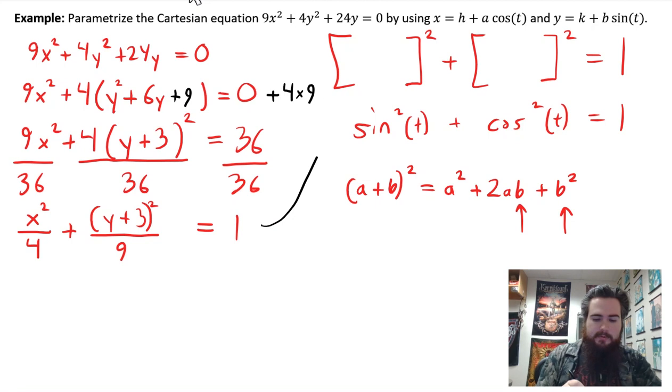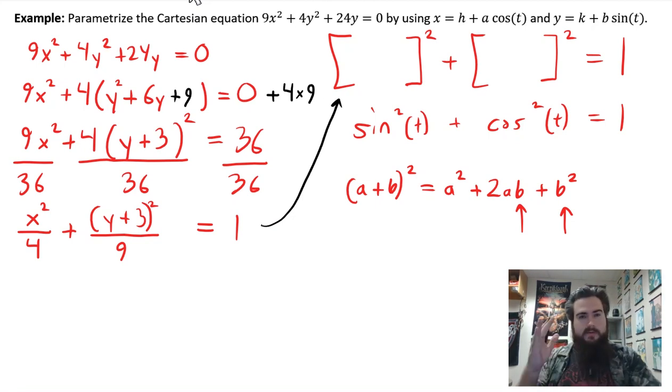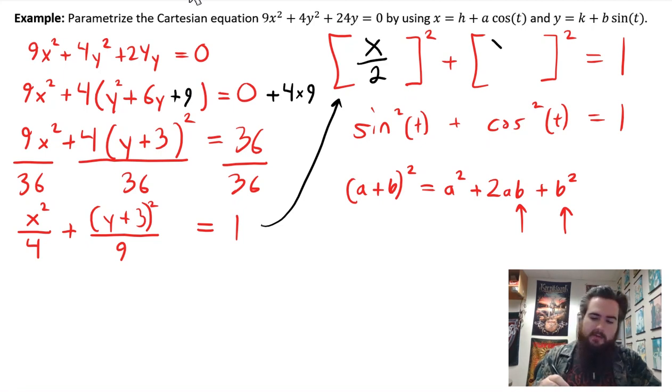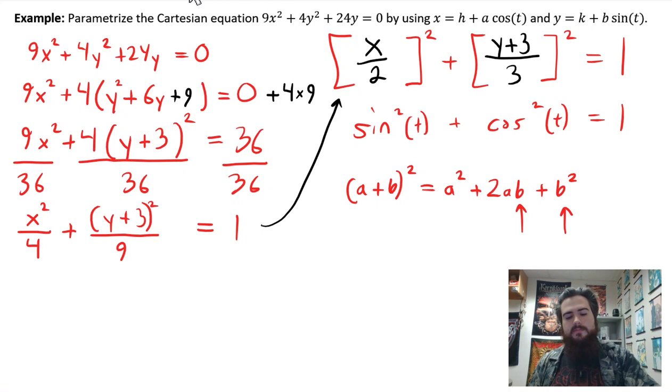If I put this into the setup here, x squared over 4, if I factor out the exponent there, that is really x over 2. And then for the second term there, I'll have y plus 3 on top, that is taken to the second power. And on the bottom I have 9, which is 3 taken to the second power.